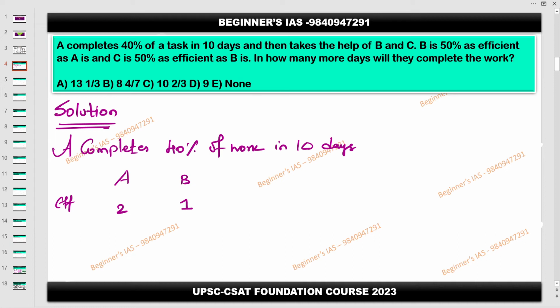Another thing, B and C. C is 50% as efficient as B. So then I'm taking here 2, then here 1. So here you need to calculate A is to B is to C. So what is the shortcut?